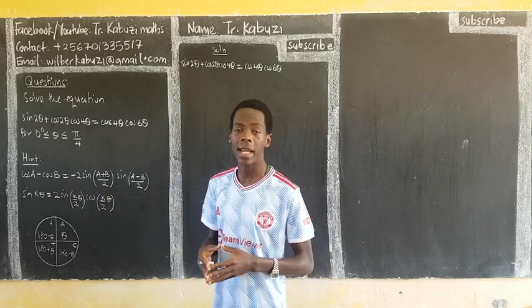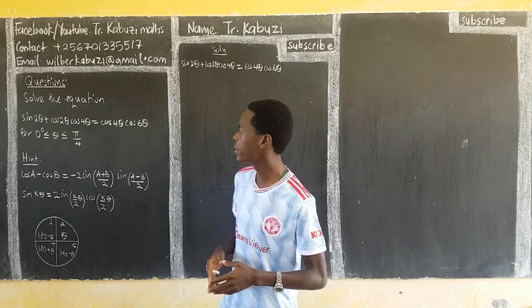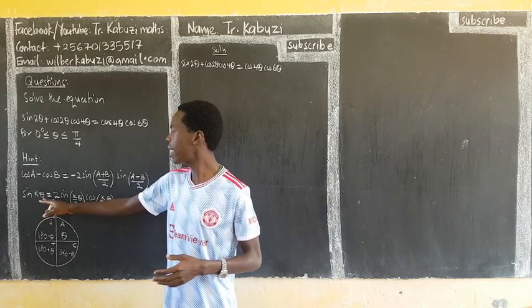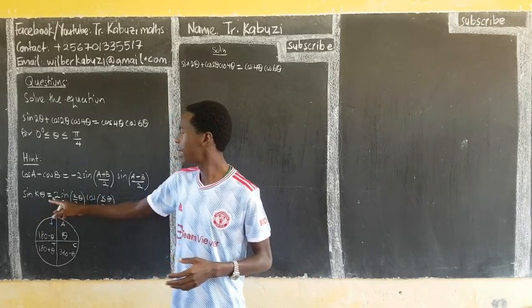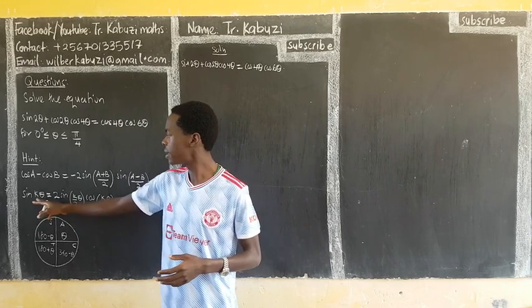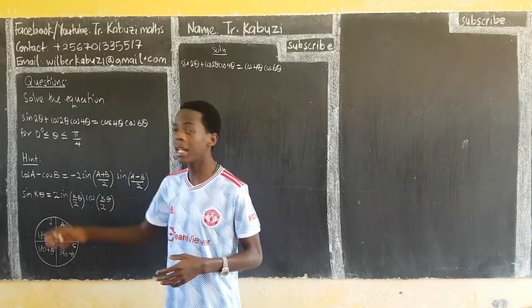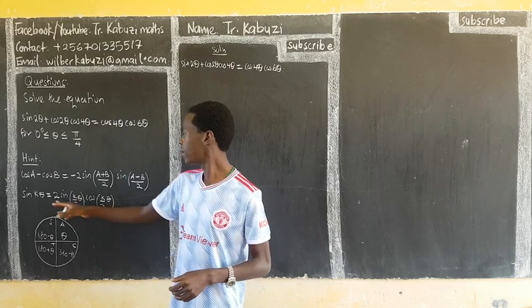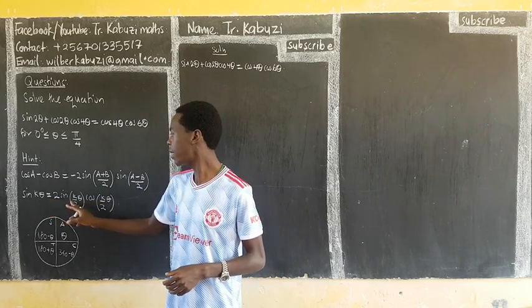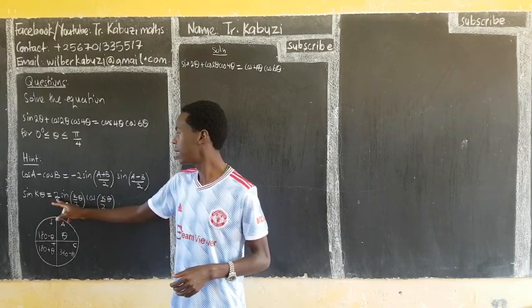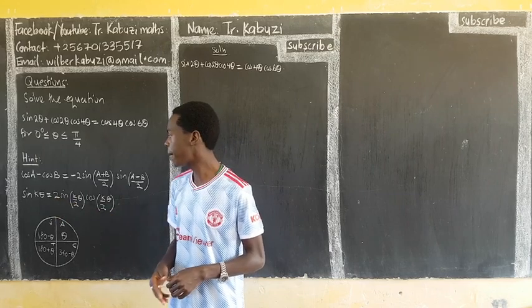We're also going to use the double angle of sine. The double angle of sine says sine k theta is equal to 2 sine of the halved angles, as you see, they are halved. So if you have this as k, this one becomes k over 2, and then this 2 is always there.